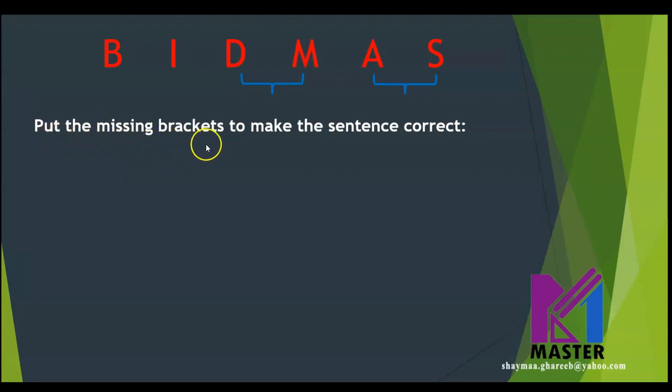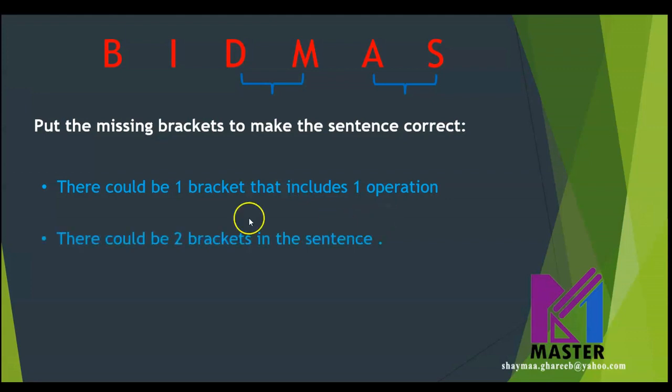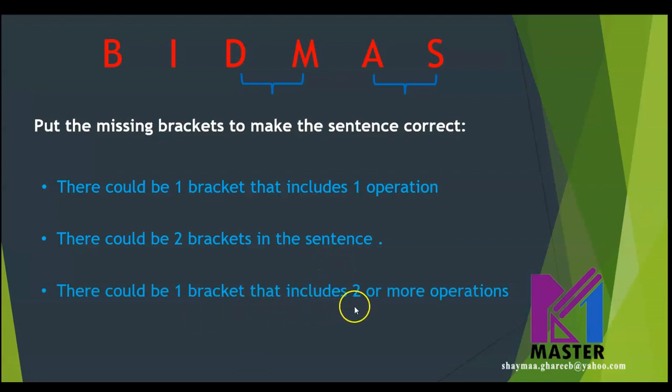Put the missing brackets to make the sentence correct. In this type of questions, I want all of you to pay attention to this information. There could be one bracket that includes one operation in the sentence, or there could be two brackets in the sentence, or there could be one bracket that includes two or more operations.